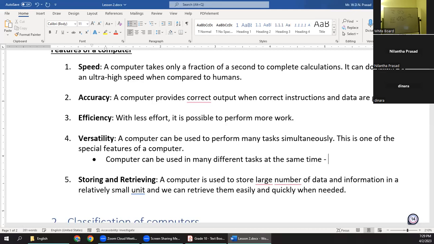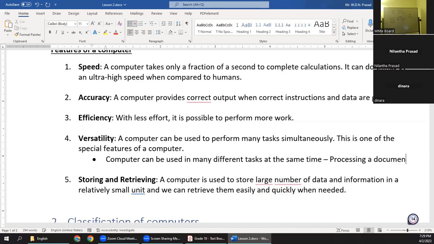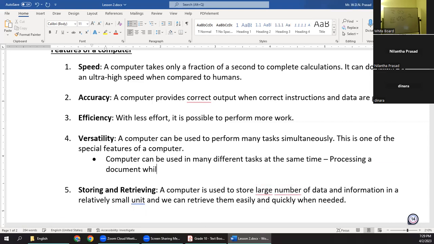time, like processing a document, while සින්දුවක් අහන ගමන් word document එක type කර කර ඉන්න පුළුවන්.